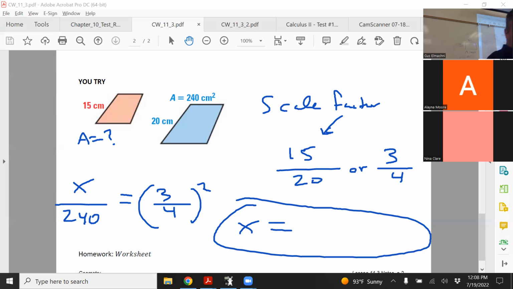What do you guys get for X? So say again? Yeah, I agree. Good, 135. Yeah, 135 square centimeters. Let me show you how Spencer got it.